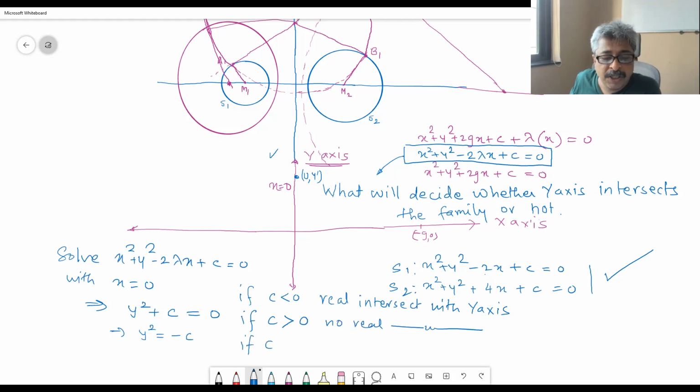If c equals 0, what is the situation? If c equals 0, this passes through the origin, therefore the y-axis is tangent. The radical axis is tangent.